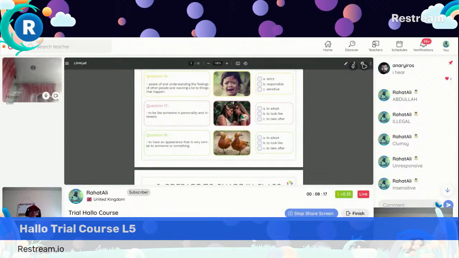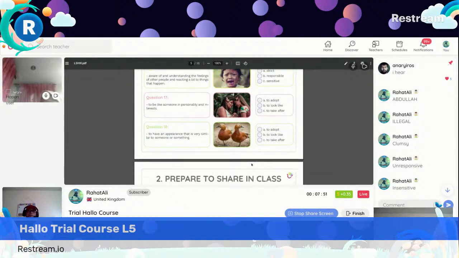After look like, it should be a noun. He looks like my mother. My mother is a noun. After look, we use an adjective, like he looks tired, she looks beautiful. And they both look alike, for example.